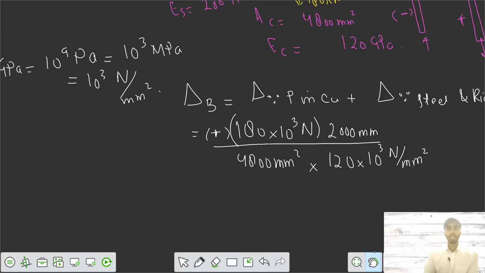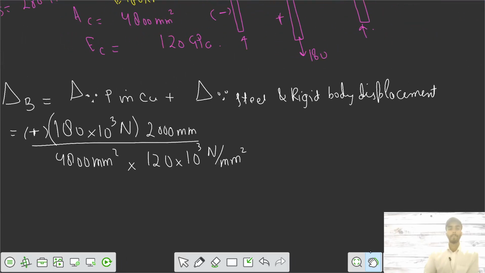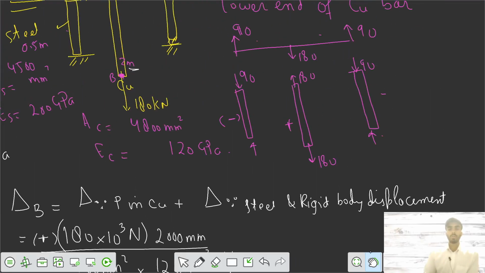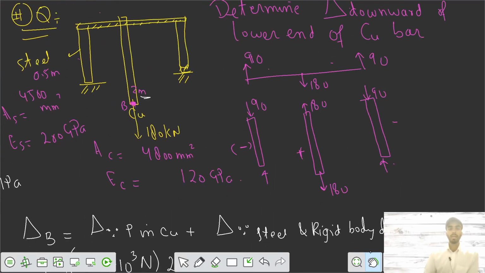We will be writing each of these quantities in terms of Newton and mm. Your final deflection is like 10 mm, 20 mm, plus 5 mm, like that. So that's why we will be calculating in terms of mm. This was your point B getting stretched under the effect of 180 kilonewton.